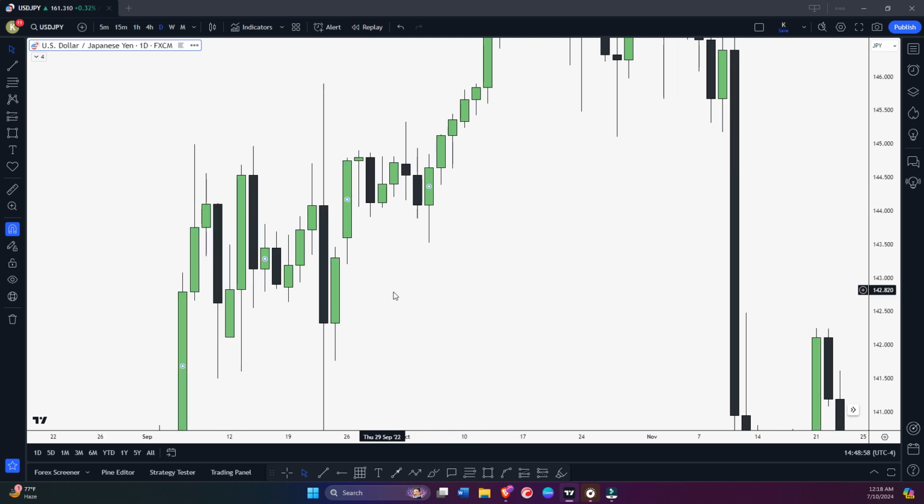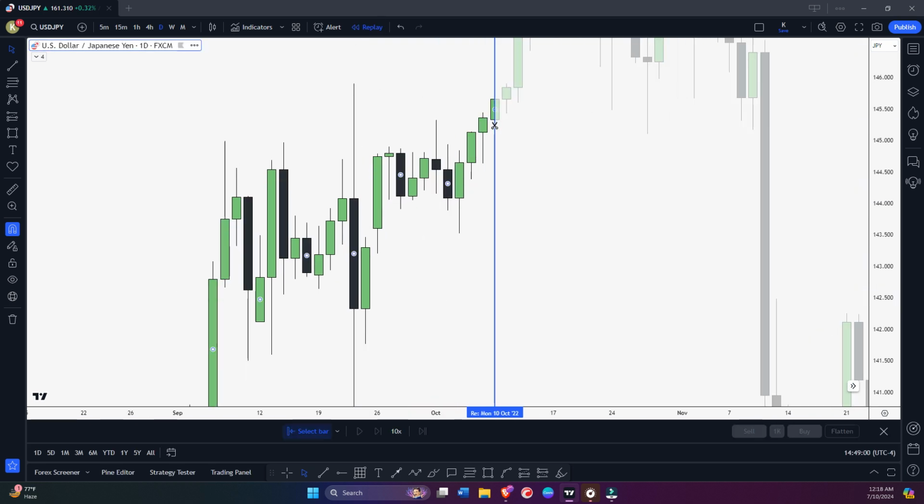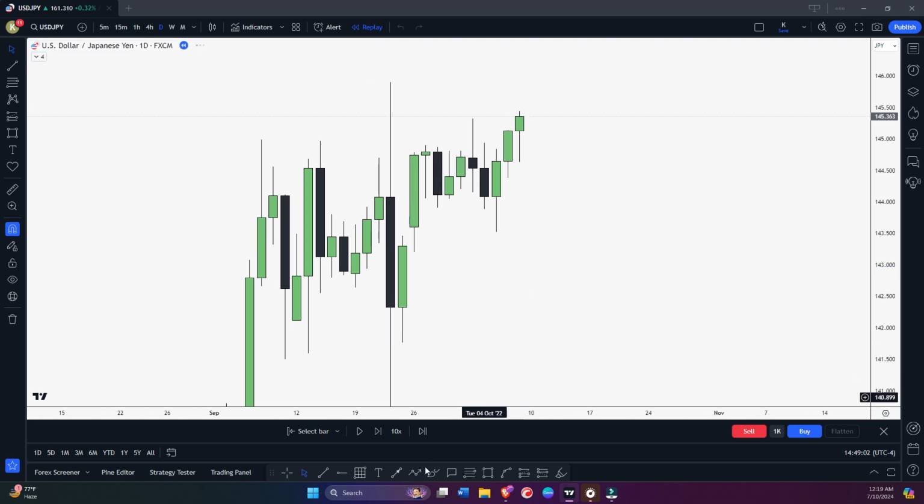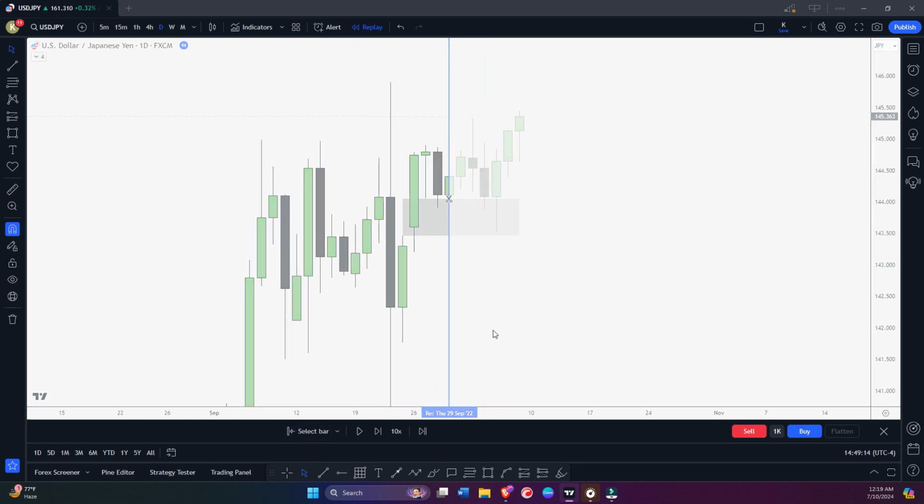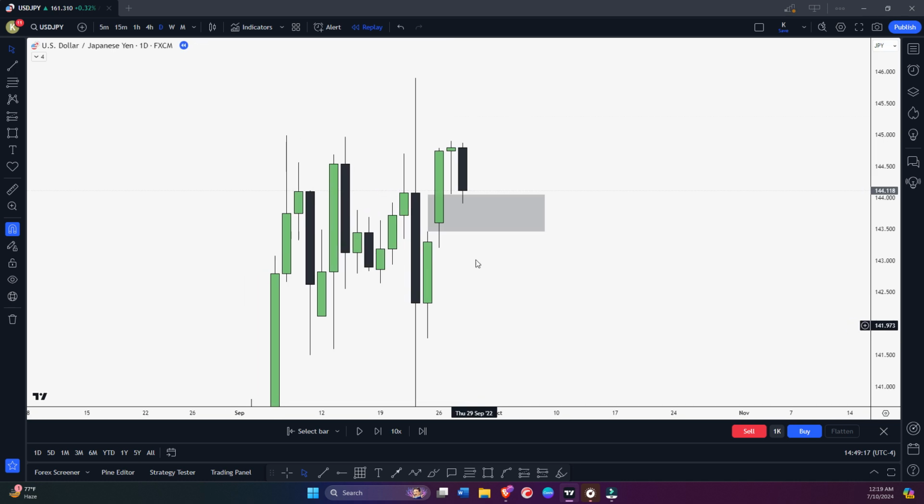Yeah, for example, if you see this area, let me do the replay mode. This is the bullish example. I just explained the same thing, right? Let's say we have this fair value gap. If I go to more replay mode, you can see we have this last down close candle that tapped the fair value gap, right?